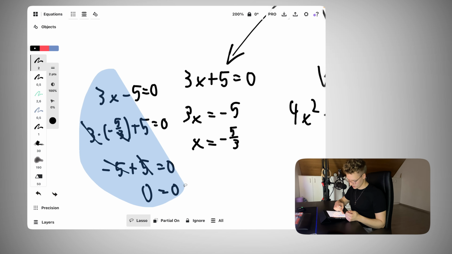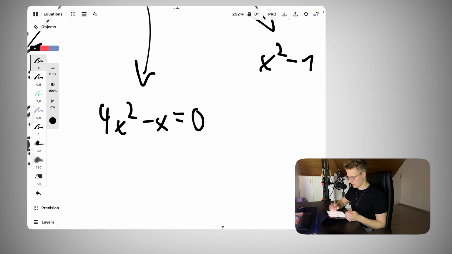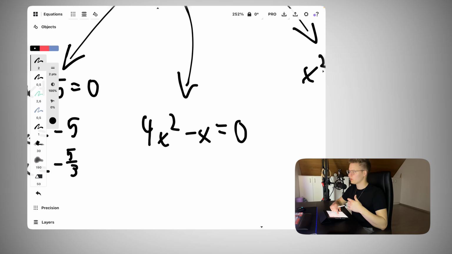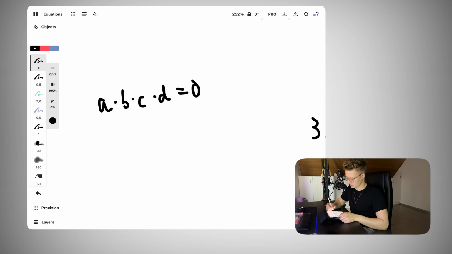Now, what happens in the other case? Say this is the second example, where we have x to the power of 2, or x squared, plus some term with x. Well, we're going to use the fact that anything multiplied by 0 equals 0. What do I mean by this specifically? Say that we have a series of multiplications, so let's say a times b times c times d equals 0.